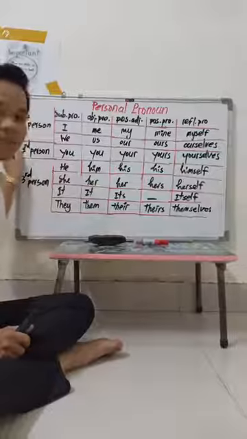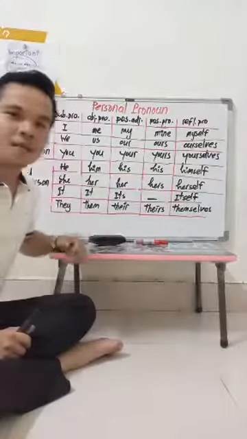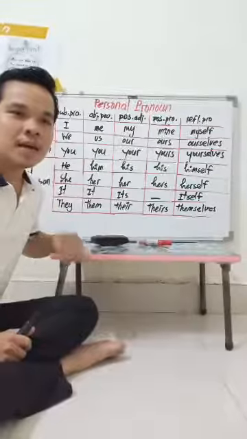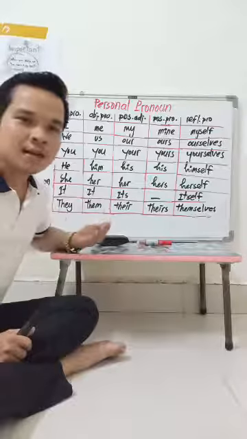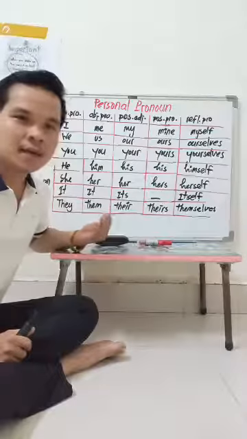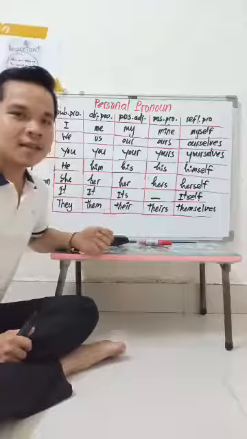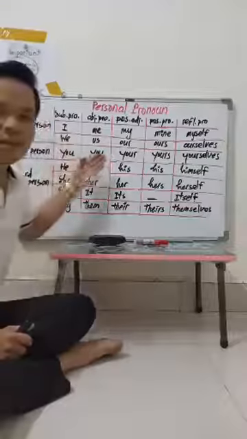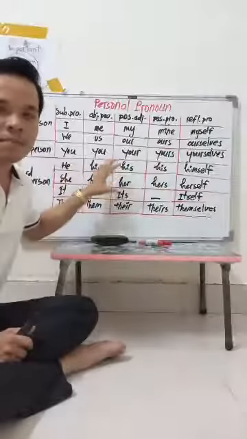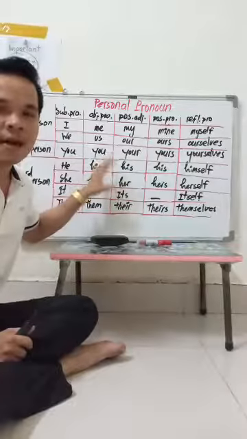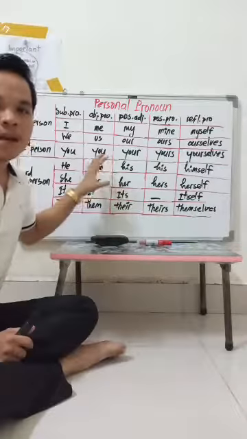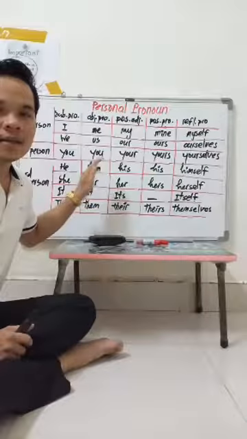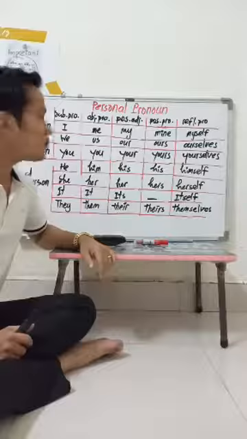Exactly, in English, personal pronouns are a very important part that we have to know as the first step if we want to use English correctly, both in writing and speaking. So, personal pronouns, I divide into 5 parts. There are 5 parts that we learn, and they are used differently.